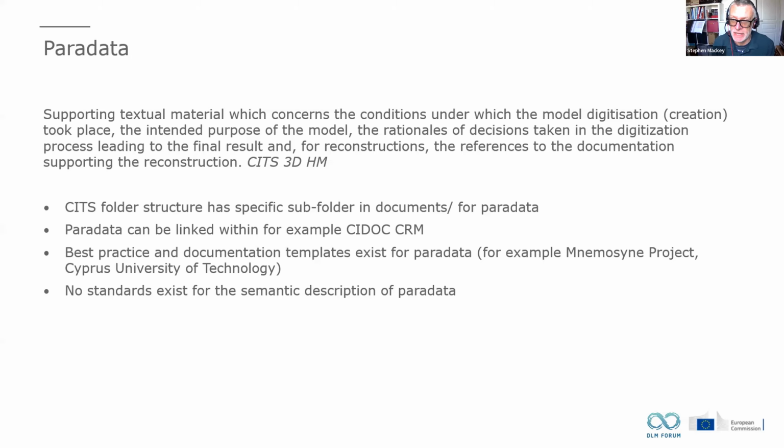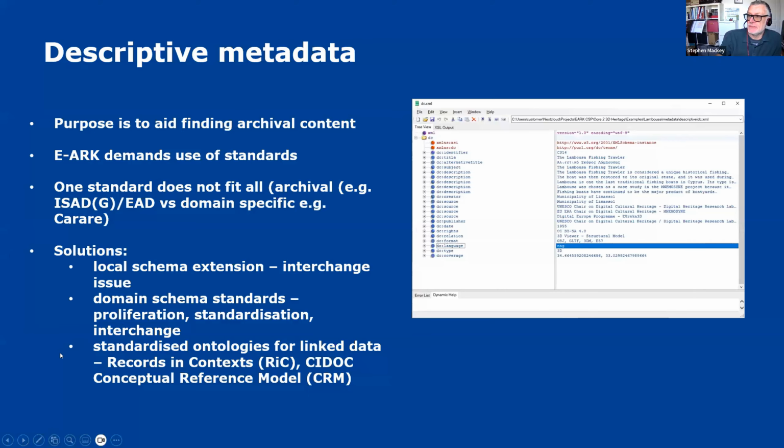Linked data ontologies like CIDOC CRM can be used, for example, to provide more structured semantic paradata than just unstructured documentation. And lastly, on descriptive metadata, the purpose is, of course, finding archival content within your repository.